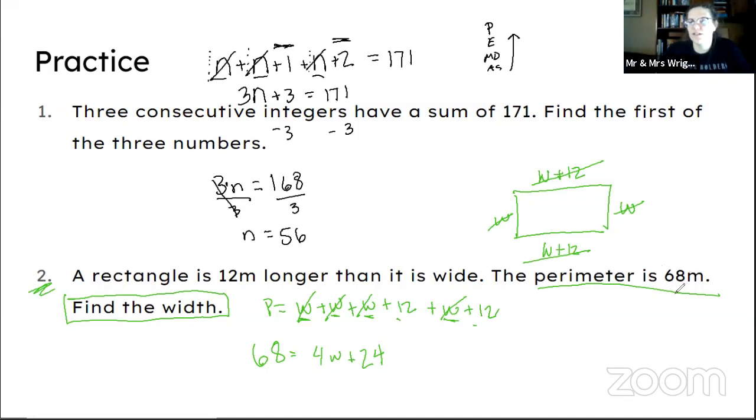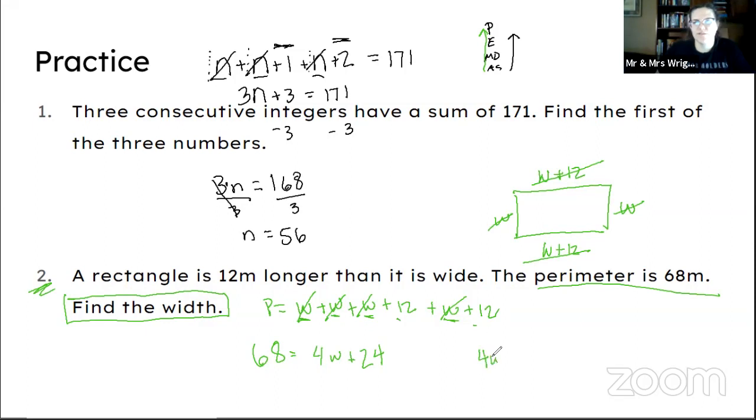And then I filled in what I already know the perimeter is. So now I'm able to use all of the information that I know to find the width. And using my PEMDAS here, remember, I want to go up. I have to undo addition and subtraction first. So the variable has 24 being added to it. So I need to subtract 24 from both sides.